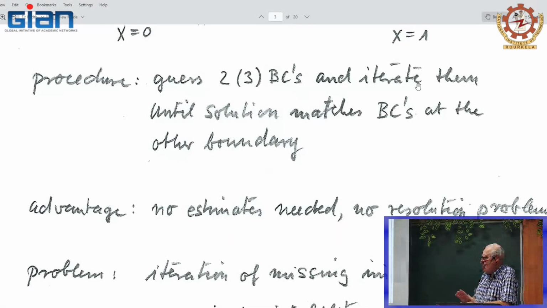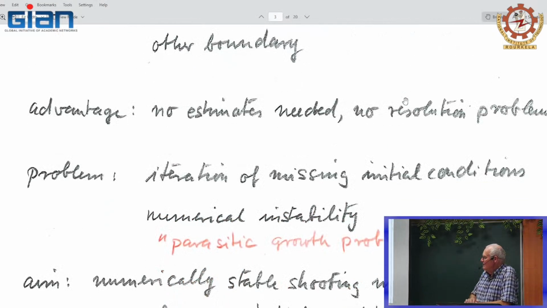has some problems which show how this numerical instability comes about. What is the origin of that numerical instability? It's usually called the parasitic growth problem. What happens is that, somehow, in the initial value problem, one catches divergent solutions.